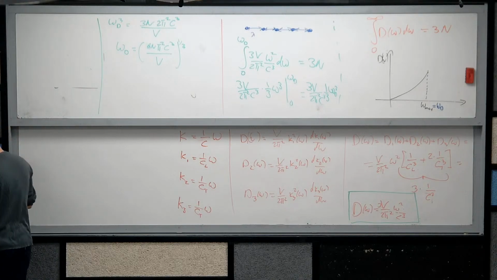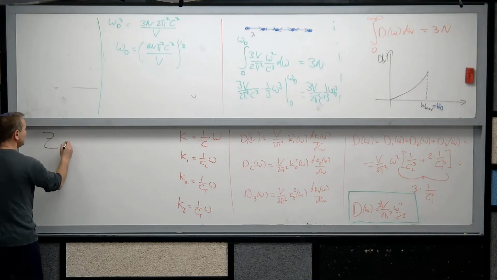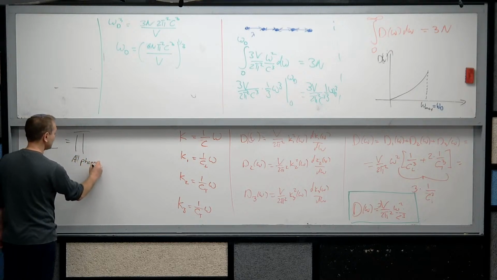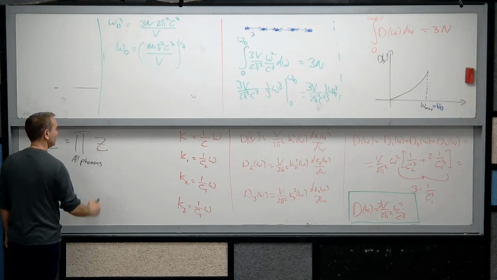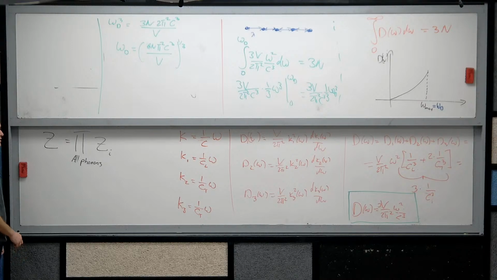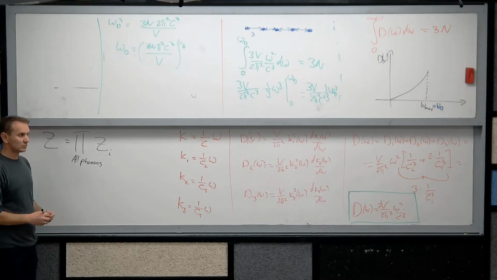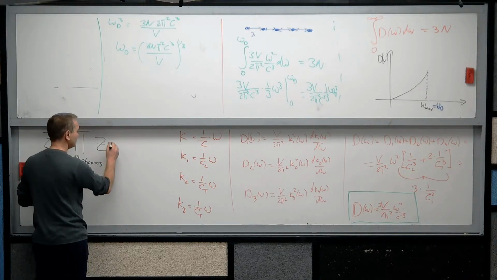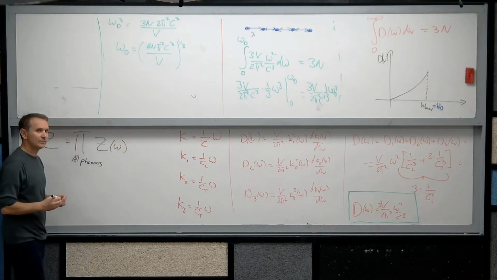The partition function, Z, is just multiplication over all phonons of Z_i. And what is Z_i? Instead of Z_i, we write Z of omega.